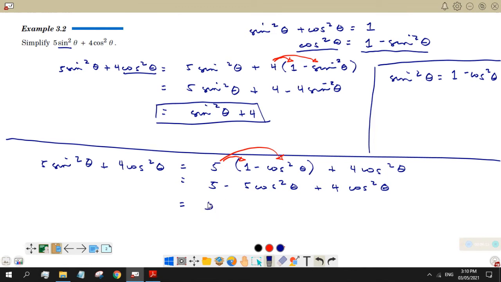So, we are going to have here 5 minus cosine squared theta. So, these are the two possible answers for our problem, or two possible solutions for our problem. One is we have sine squared theta plus 4, sine na lang yung natitira, and the other is 5 minus cosine squared theta, cosine na lang yung natitira. Either way, parehas naman silang tama.